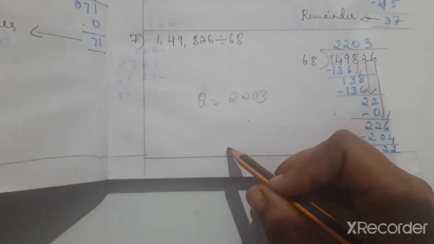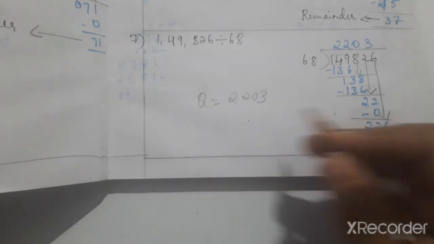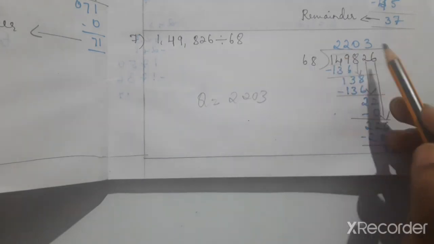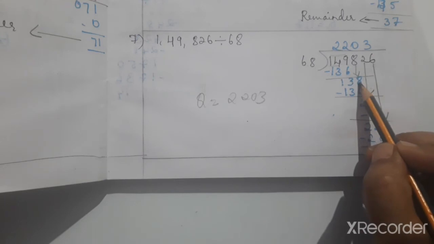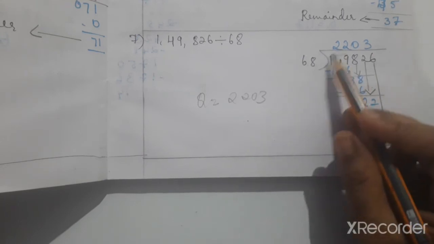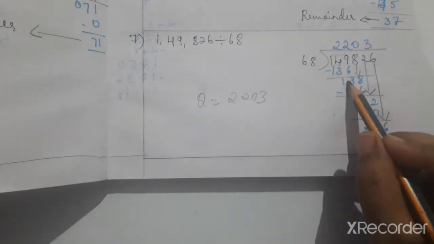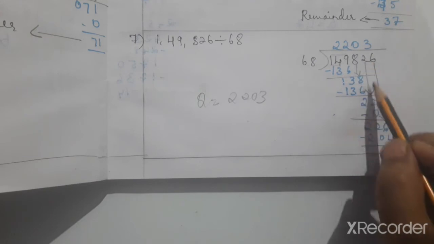Multiply and write the tables here, or in each step you can check the nearest one. After subtracting, 13, then bring 8 down, making 138. 68 times 2 is 136, nearest to 138. 68 times 3 is greater than this number. The subtracted value is 2, bring 2 down.